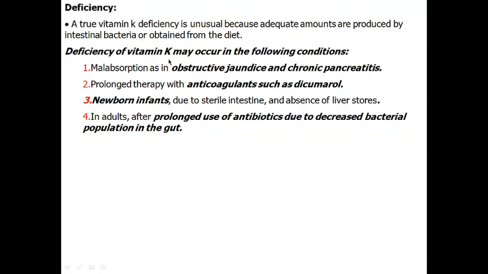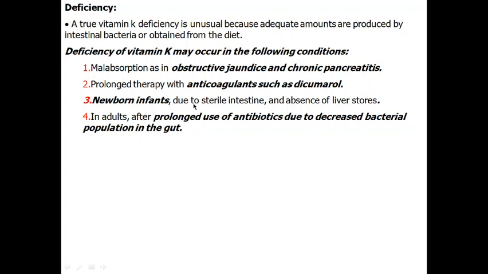But deficiency of vitamin K may occur in the following conditions: in malabsorption, because it is a fat-soluble vitamin that requires bile salts. In obstructive jaundice and chronic pancreatitis, there are no bile salts for the absorption of the fat-soluble vitamins. Again, in prolonged therapy with anticoagulants such as dicumarol, as dicumarol prevents the reduction of vitamin K epoxide back to the hydroquinone.